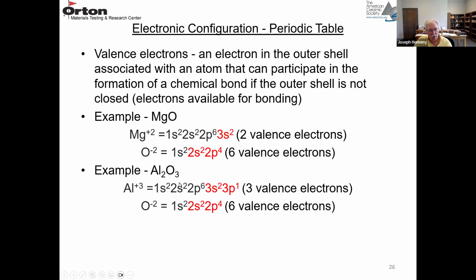To balance the charges, there's 2 Al atoms at plus 3, so 2 times 3 is 6, and 3 oxygen atoms at minus 2, 3 times minus 2 is 6. So that forms the compound Al2O3. Al plus 3 is a cation, O minus 2 again is the anion.